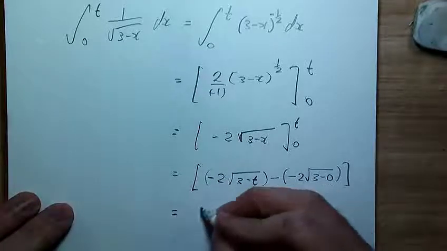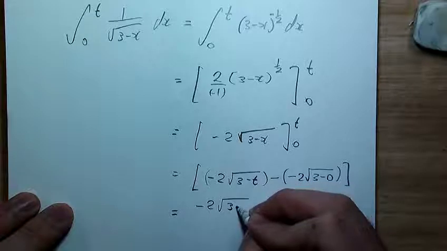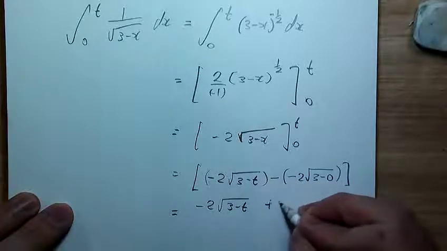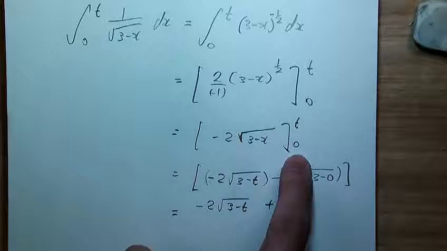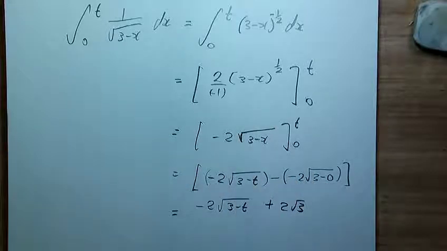And so we've got minus 2 root 3 minus t plus 2 root 3. That's a classic mistake that lots of people make as well, is to just assume that because this is a 0, the answer is 0. People do it over in dynamics all the time. So just keep an eye on that. Explicitly sub it in, because it might not come out to an answer of 0.